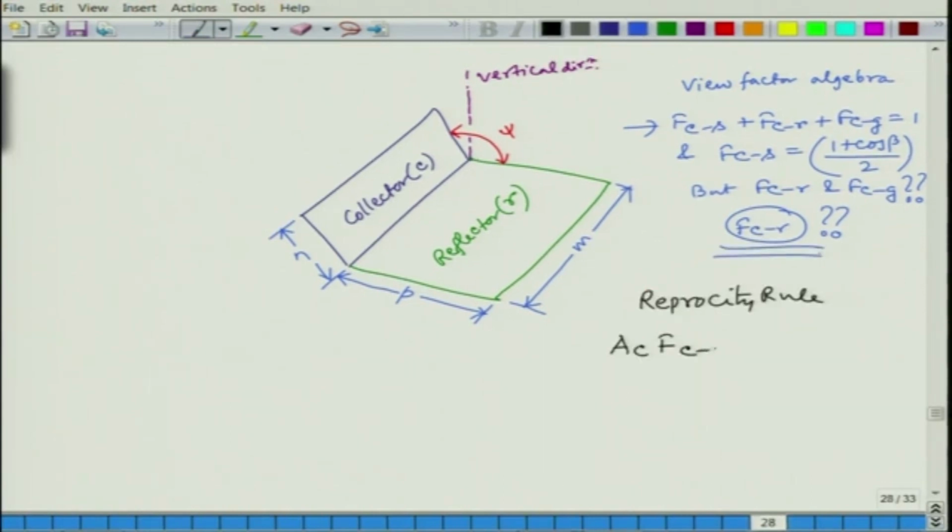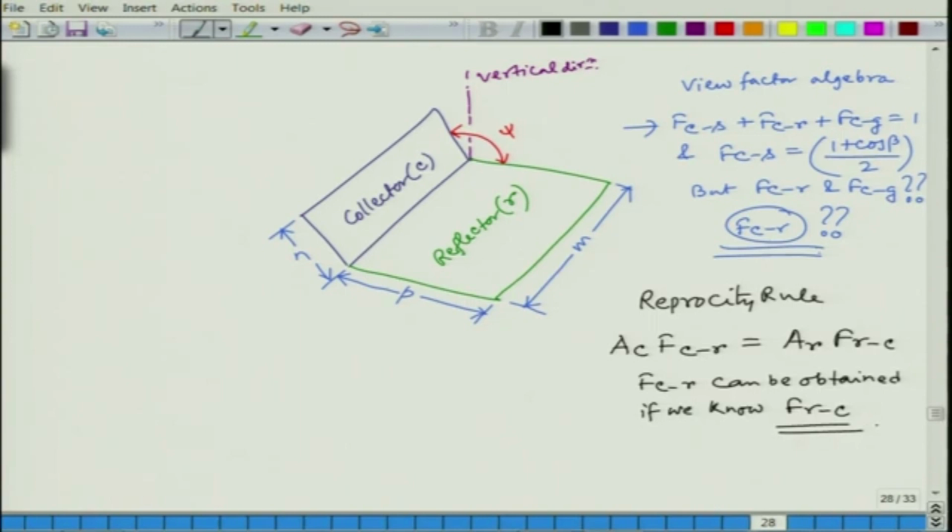AC into FCR will be equal to AR into FRC, right. That is the reciprocity rule for the view factors. Now, if we are after FCR, it can be obtained if we know FRC, right, because areas are anyway known. So, let us try to find this FRC.